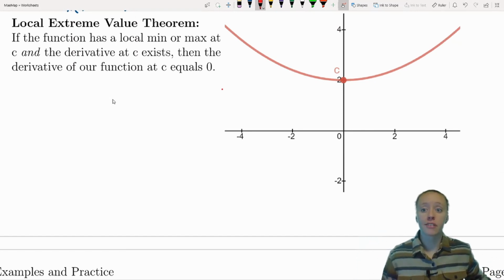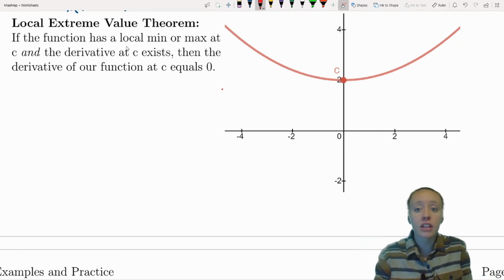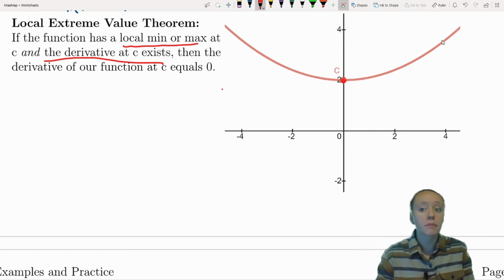If the function has a local min or max, which it does at point c, which I have highlighted, and the derivative exists, then the derivative at c equals 0. Because it's a local min or max and the derivative exists, we know that horizontal tangent line is going to give us a derivative of 0.